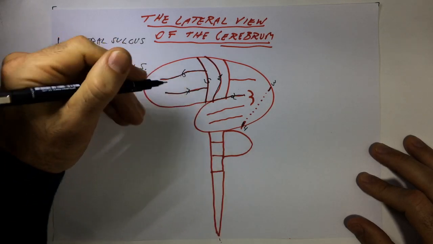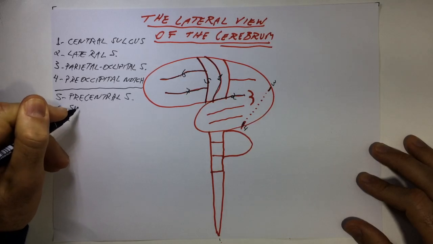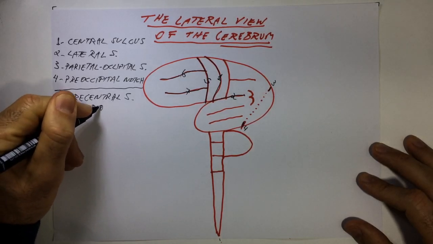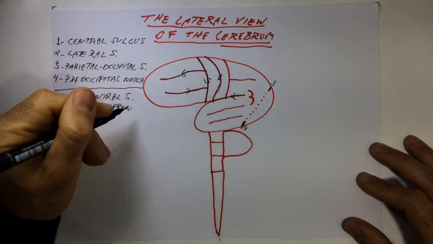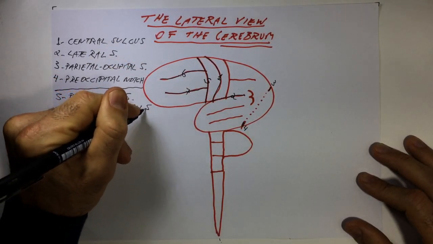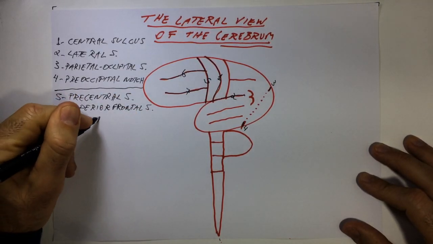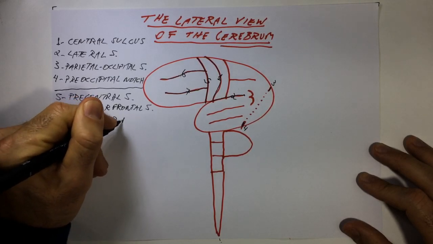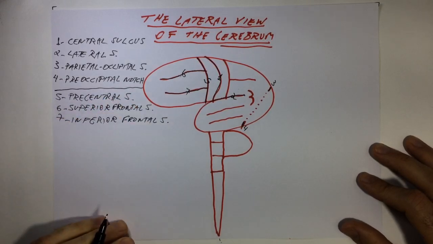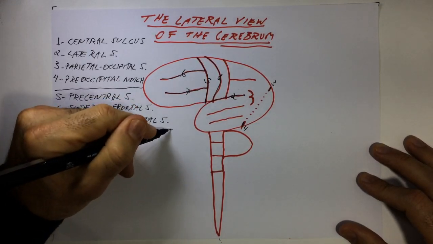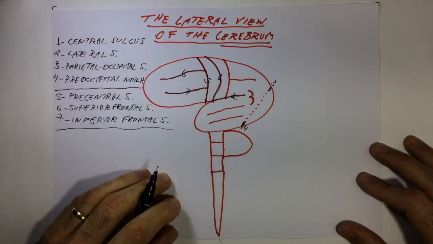This one here, it's the superior, and this one is the inferior. So superior frontal, because it's in the frontal lobe, frontal sulcus, and the inferior frontal sulcus. Okay, so that would be the sulci in the frontal lobe.